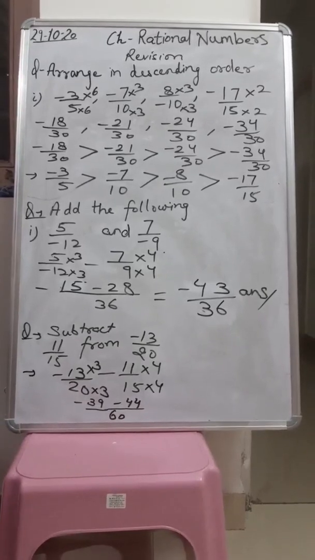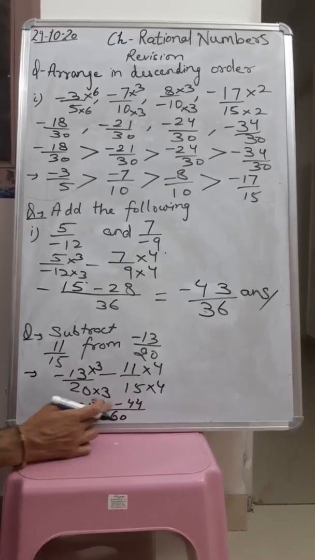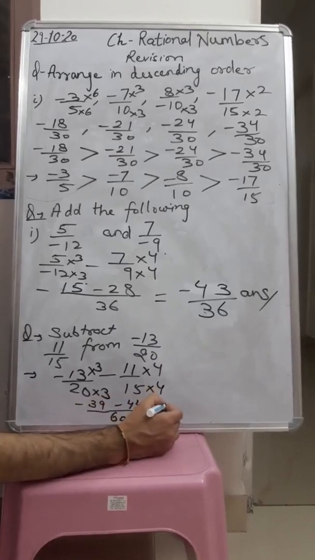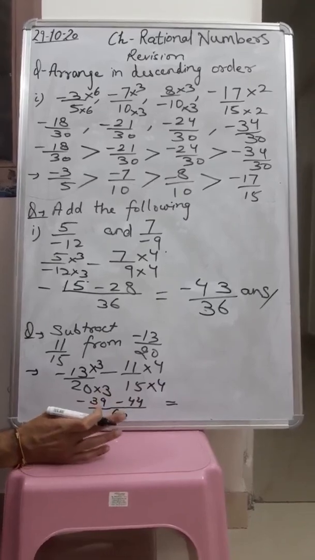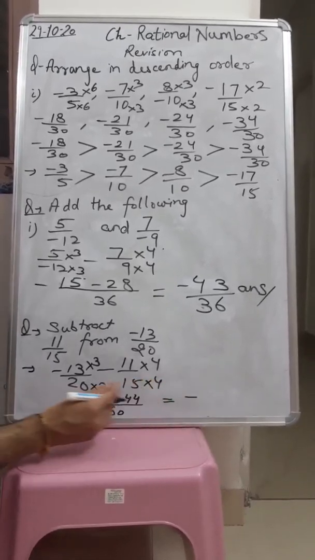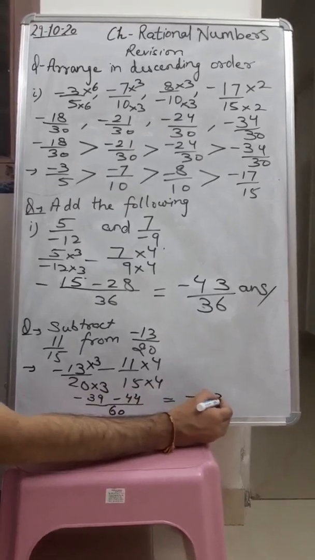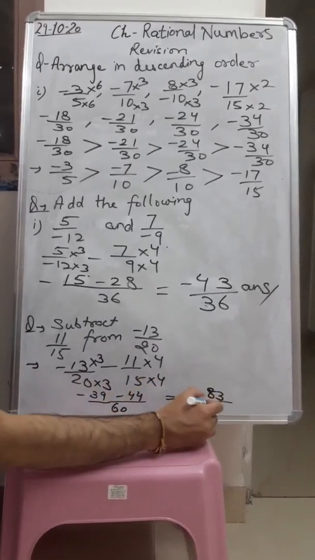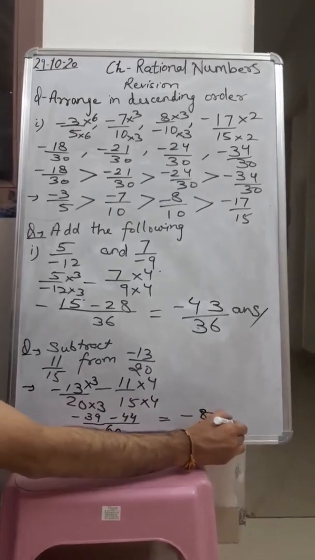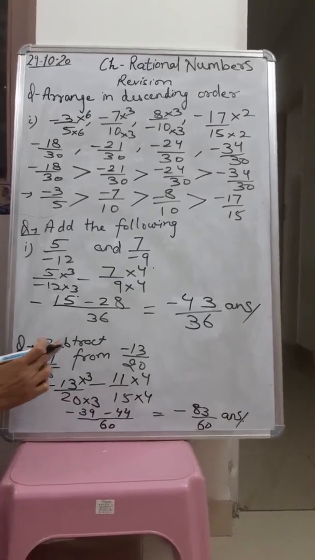So it will come as minus 39 minus 44. So both are negative. When you add, minus minus becomes plus, but the answer will come in minus. So when you add these two, you get 9 plus 4 is 13, 1 carry, 4 and 4 is 8, 3, minus 83 upon 60. So in this way we can subtract the first from second.